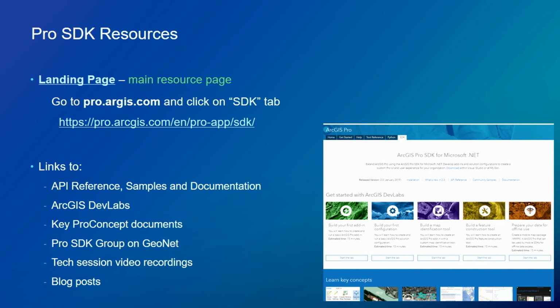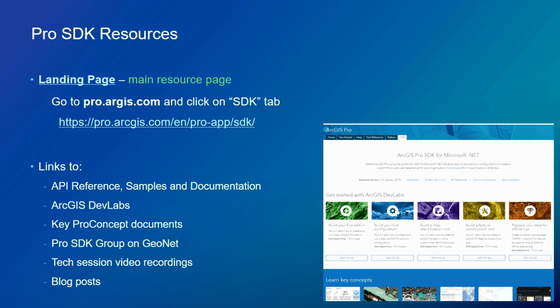Our landing page at pro.arcgis.com is the best place for you to get started with the SDK. It's got all of our shortcuts to actually how to install the SDK, actually work with the samples, get access to the dev labs. All of the key concept documents have been outlined here in the different sections.